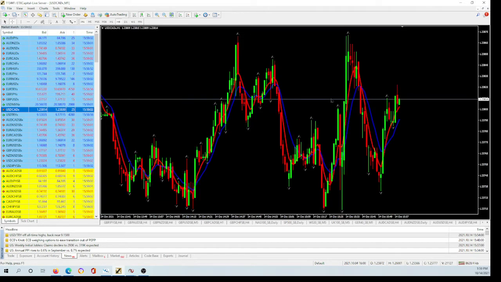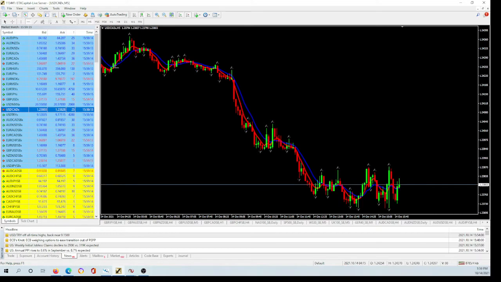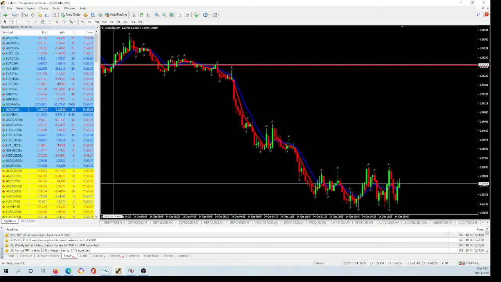So all you need to do with this strategy is, this is the 7 EMA. When the 7 EMA crosses above the 14 EMA, you have a buy trade here.